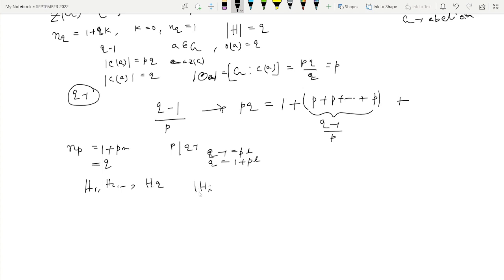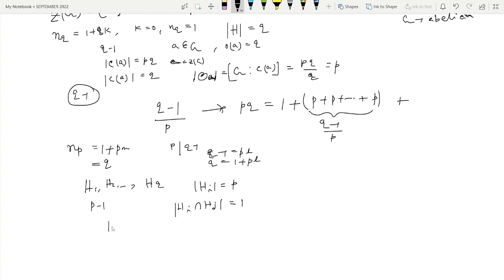So all such subgroups are of order P, and each subgroup contains P minus 1 elements of order P, and also this Hi intersection Hj will be a subgroup of Hi. So this must be equal to 1 or P. If it is P, Hi will be equal to Hj. So this must be 1.